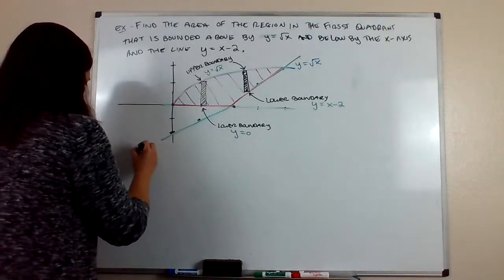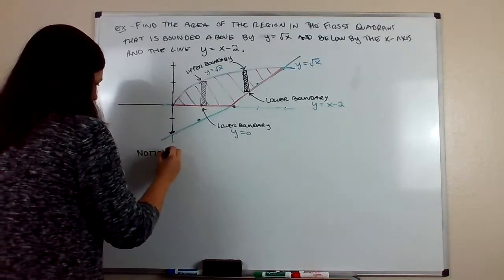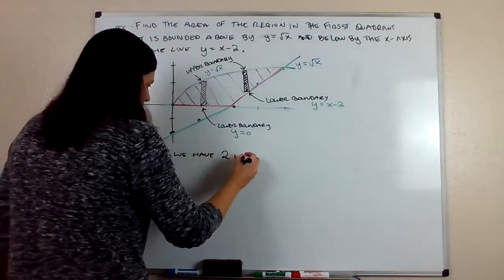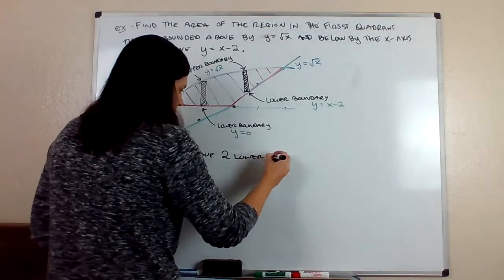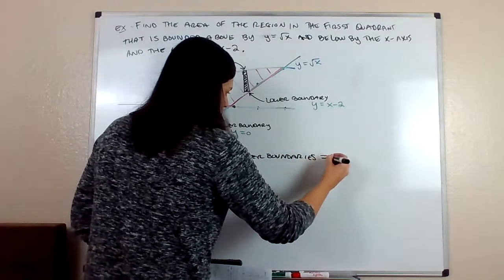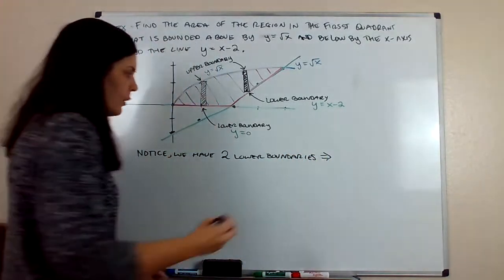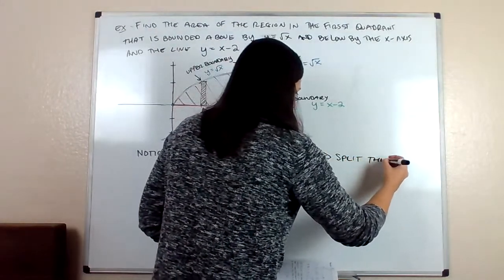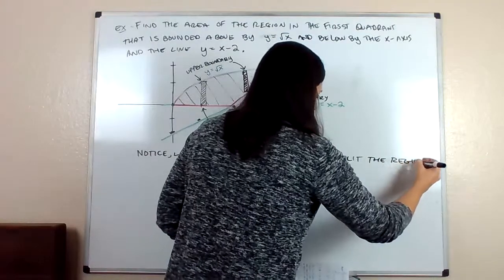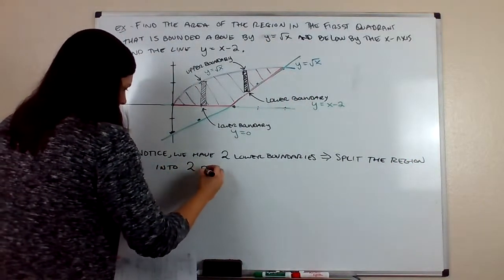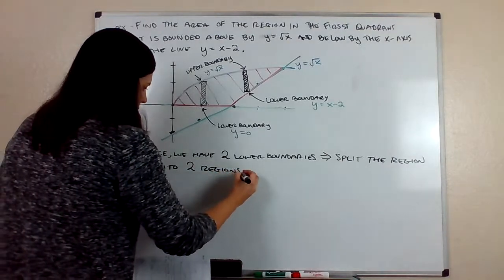Notice we have two lower boundaries, so what this implies is that we have to split the region into two regions.